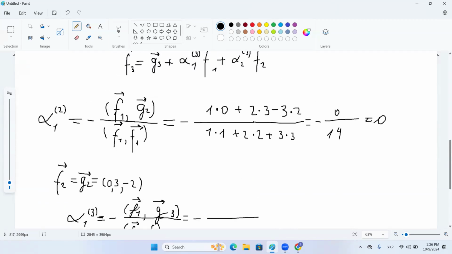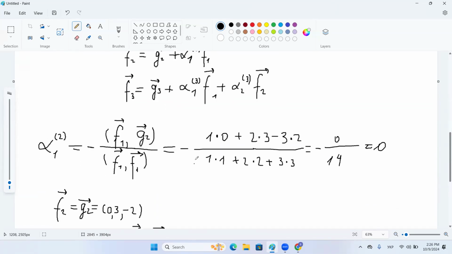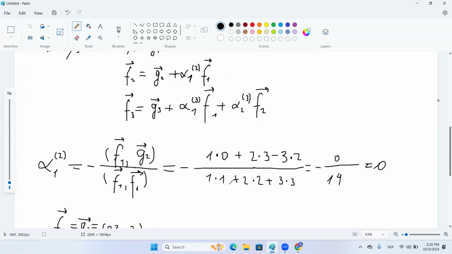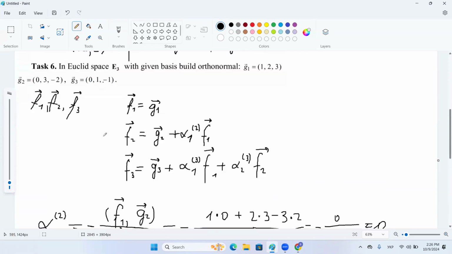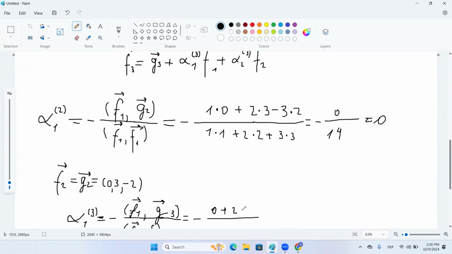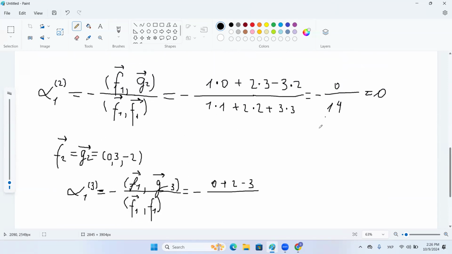So f1 by g3. So 1 by 0 plus 2 by 1 plus 2 minus 3. And yeah, actually divided by 14. So 1 divided by 14. So this is the coefficient.